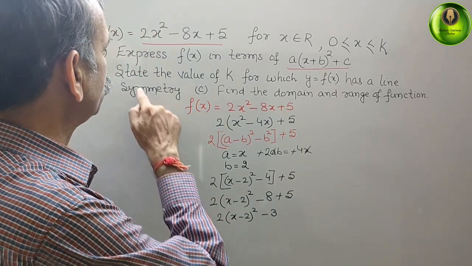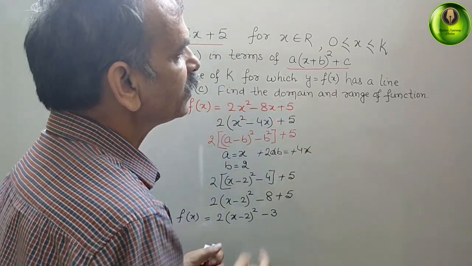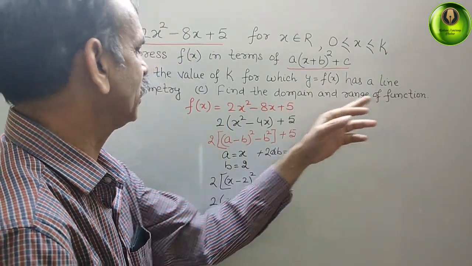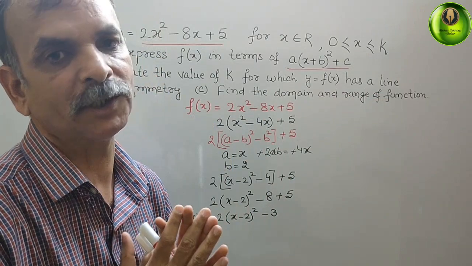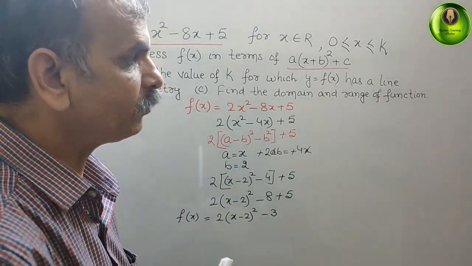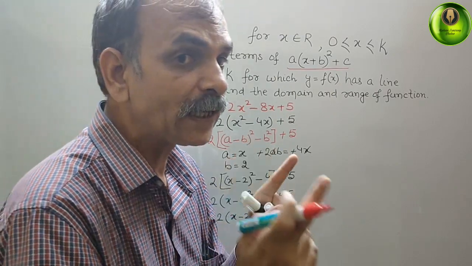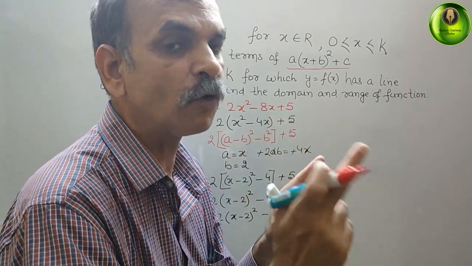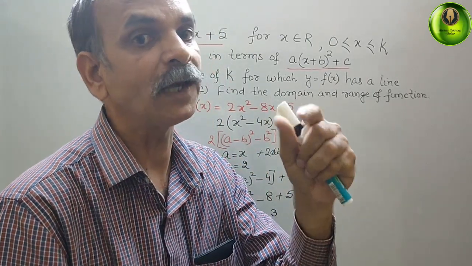Next, they have told: state the value of k for which y = f(x) has a line of symmetry. What do you understand by a line of symmetry? Line of symmetry means here you will get two values of x but a common y value.